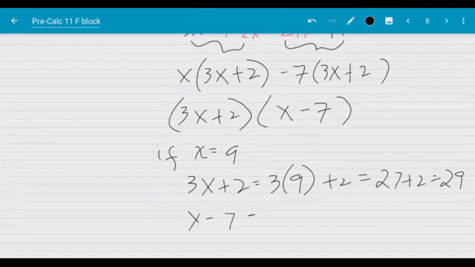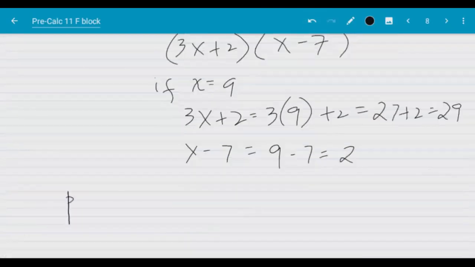So that becomes 9 minus 7 is equal to 2. So guys, what do we have? We have a 29 and we have a 2. What that tells you is those two numbers would be your possible dimensions for your length and width. And I think it makes sense to say that, oh, the 29 would be your length and the 2 would be your width.